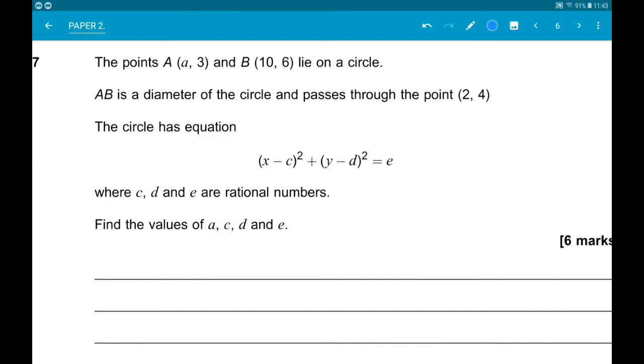We know 2 points that lie on AB. We know the midpoint of the diameter is the centre, and then we can find the length from the centre to the circle, which is the radius. So, let's find the equation of AB.